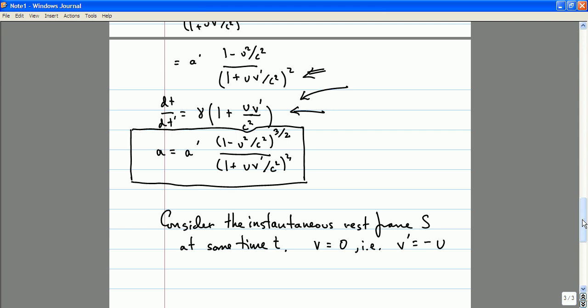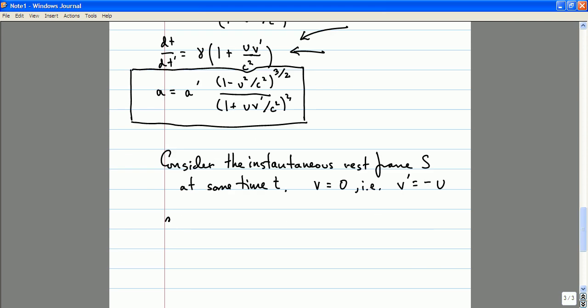So at that point, the relationship between those 2 accelerations, just plugging in u equal to minus v prime in the above expression, we get a is a prime times 1 minus v prime squared over c squared to the 3/2 power, using the fact that v prime squared is the same as u squared, because the minus 1 will then square to 1.